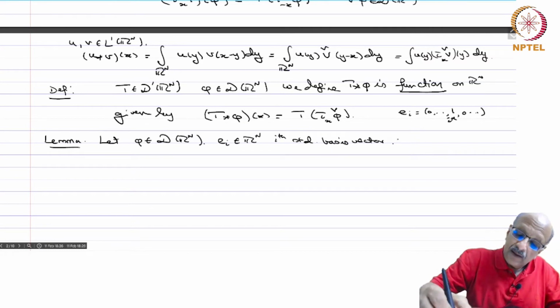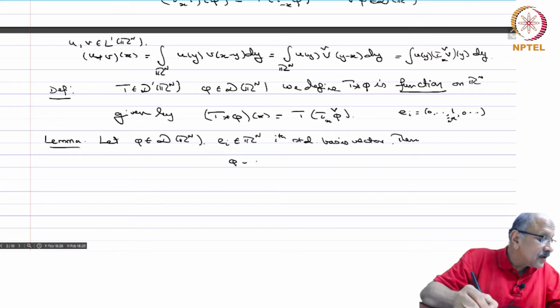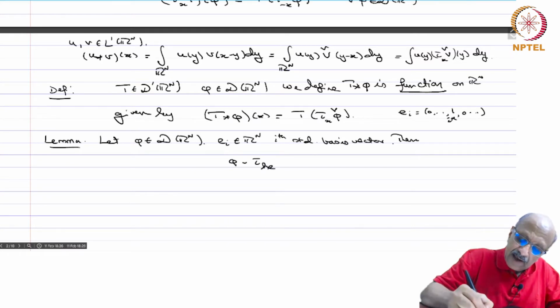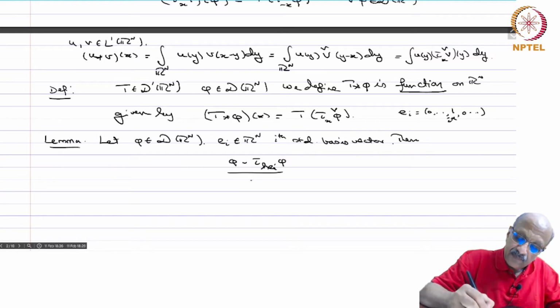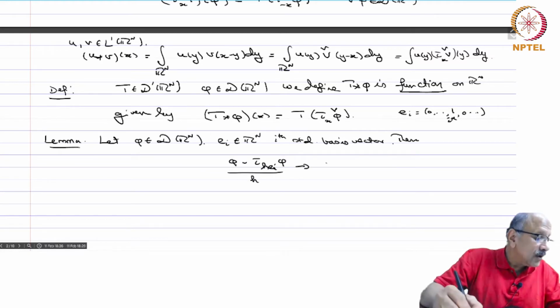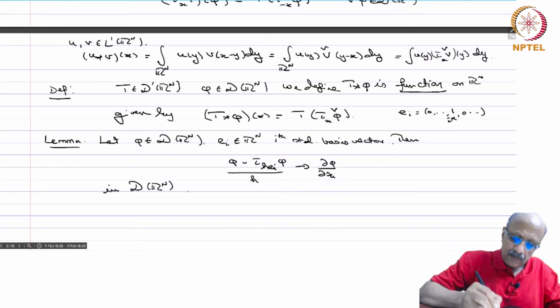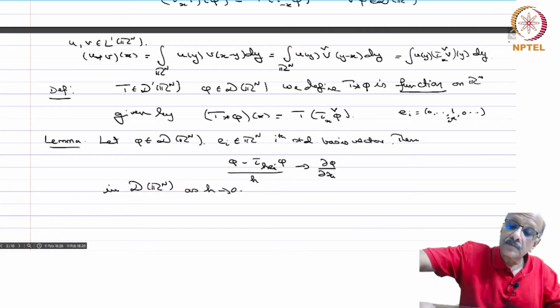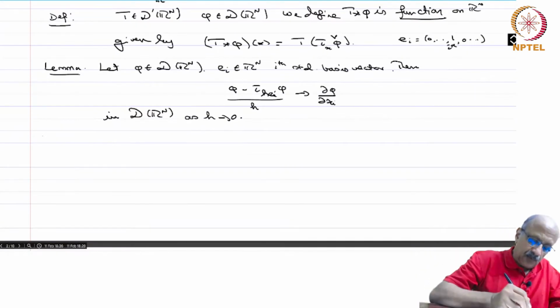Then phi minus tau of h e i phi, divided by h, goes to d phi by d x i in D of Rn as h goes to 0. So, proof.